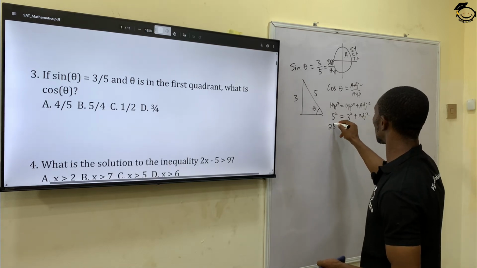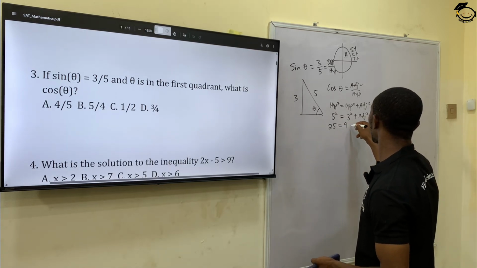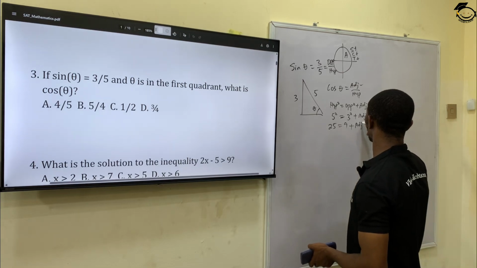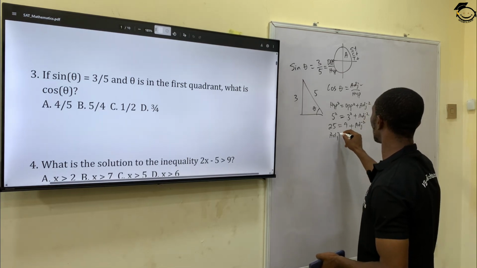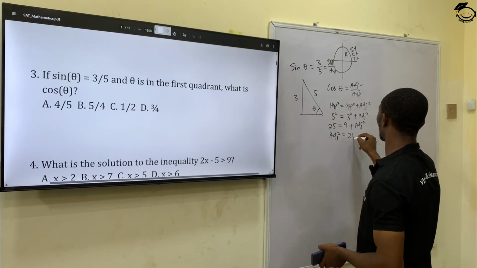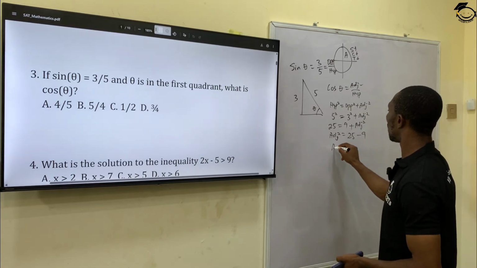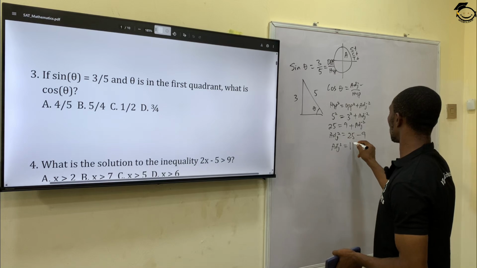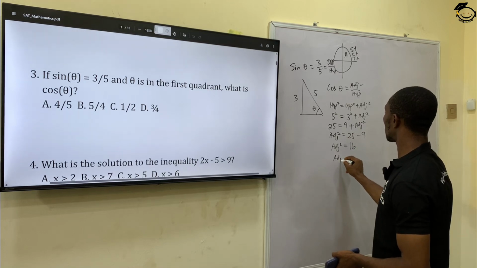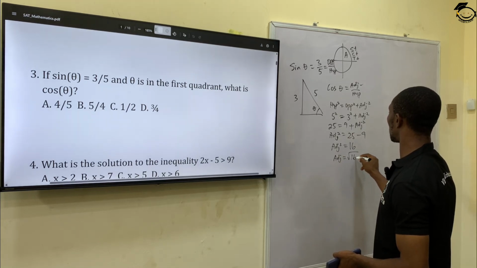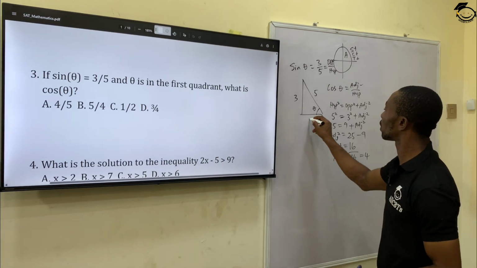This gives us 25 equals 9 plus adjacent squared. So adjacent squared is 25 minus 9, which equals 16. So adjacent is the root of 16, which is 4.